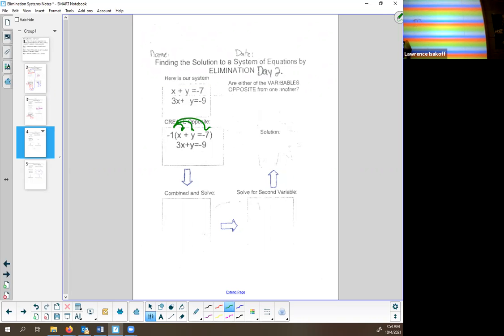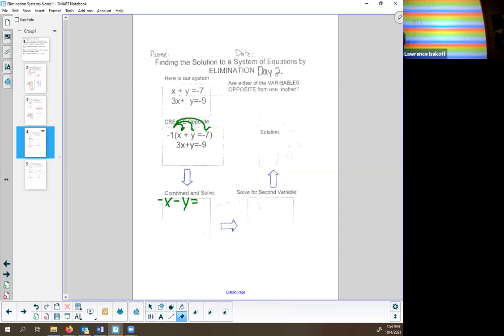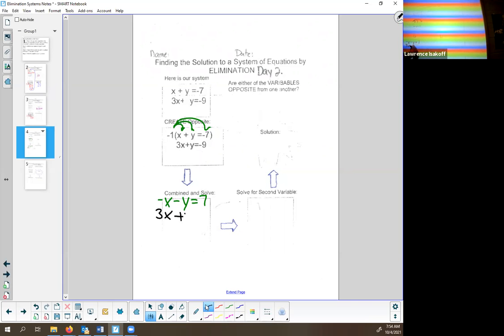And that will give me -x minus y equals -1 times -7, which is a +7. And then the other equation remains untouched. 3x plus y equals -9.